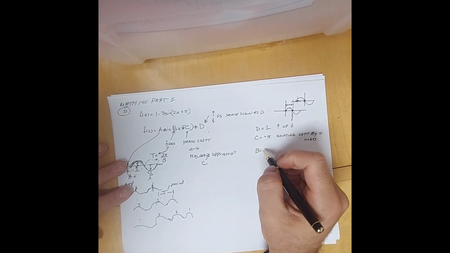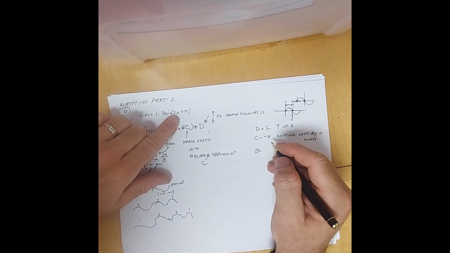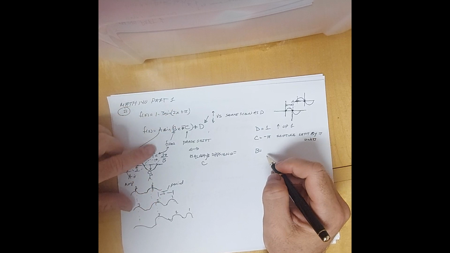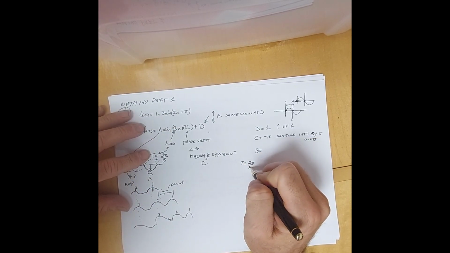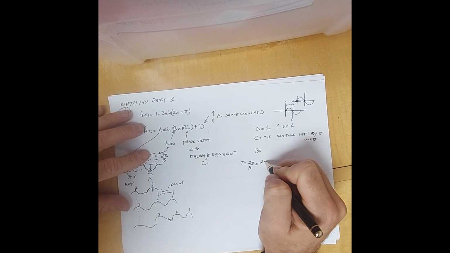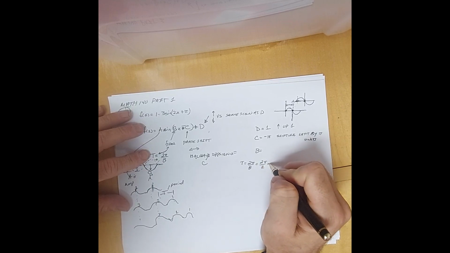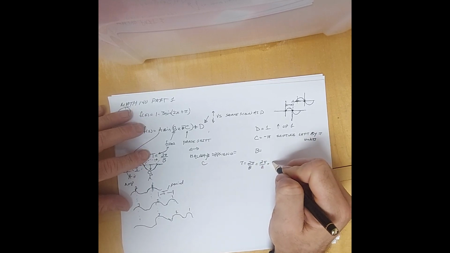And then let's see, what do we have? b. b is equal to, I think it was 2 in our situation, right? So if the period T is equal to 2 pi over b, then that's going to be 2 pi over 2, which is going to be pi.